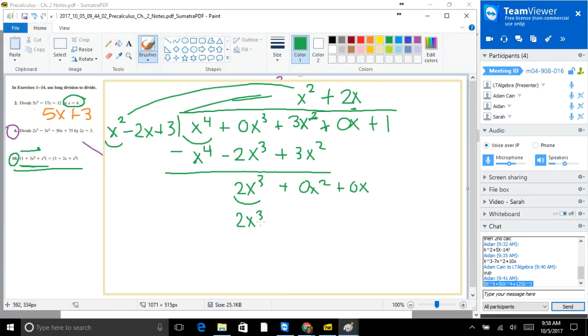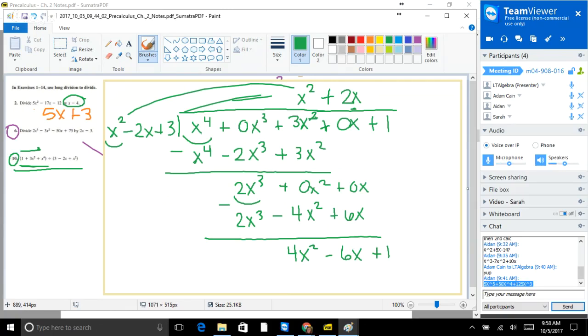All right, and then I want to multiply each of my other terms. So 2x times negative 2x gives me negative 4x squared. And 2x times positive 3 gives me positive 6x. So you can see where those zeros come into play, right? When I subtract it out, I end up with 4x squared minus 6x plus 1.